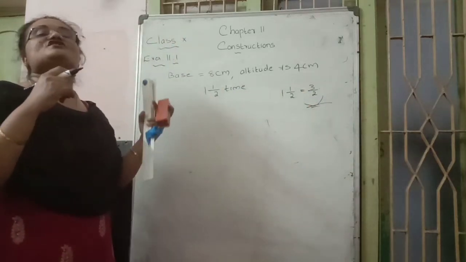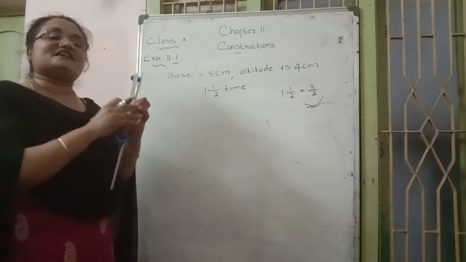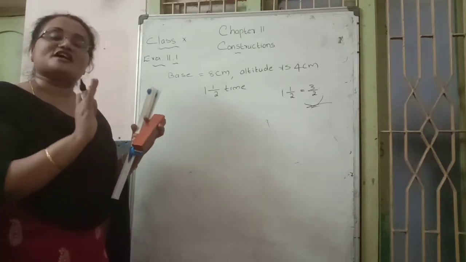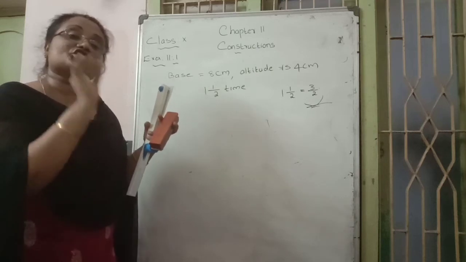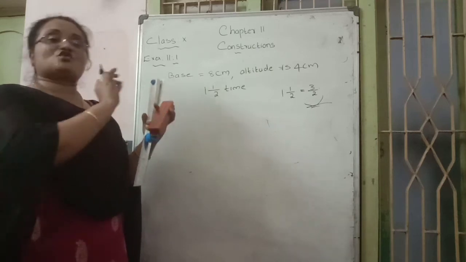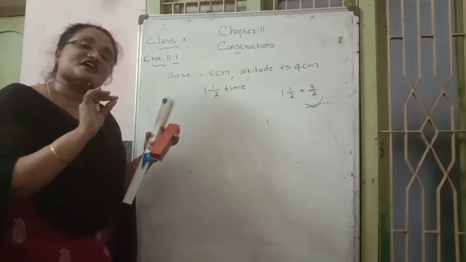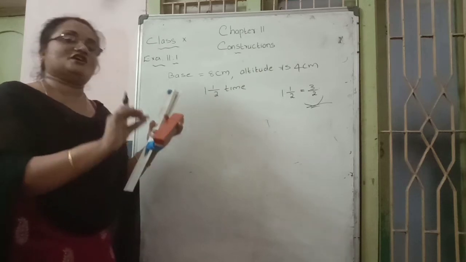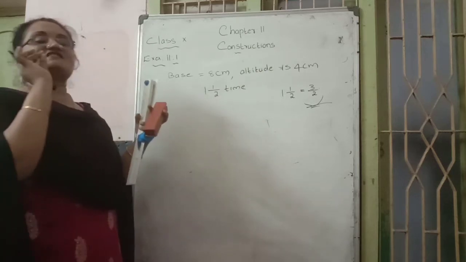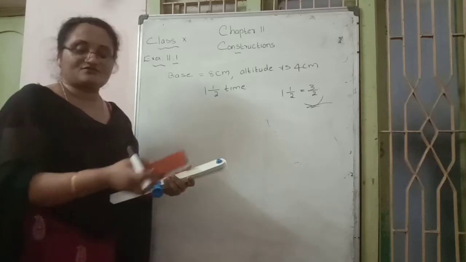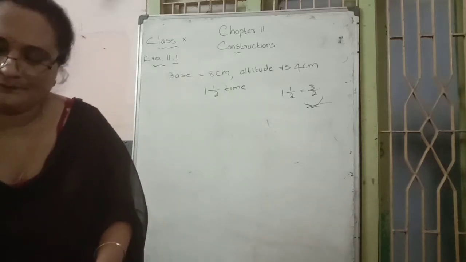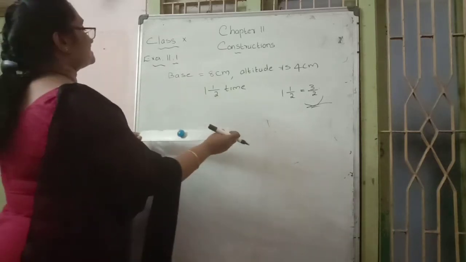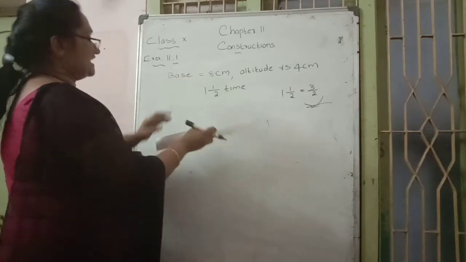Using the scale factor, same process, but here is a slight difference. All side values are not given. They give the clue that it is an isosceles triangle. Isosceles specialty, any two sides become equal. Which side is given? A base side is given there. So here we can start with that. The base part we consider as 8 centimeter.